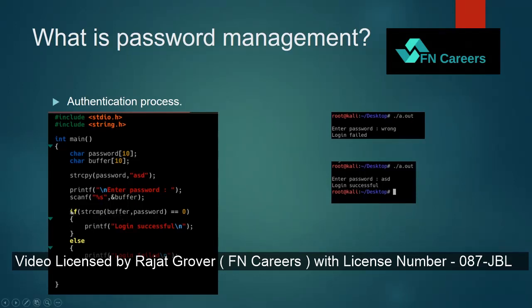We have one if statement with string compare, buffer, and password, and we have the brackets here. We're going to divide that into sections, and the first section is that string compare of buffer and password. String compare is just comparing strings, as the name suggests. It's again a function from that library, and basically it takes the first string, takes the second one, and compares them.